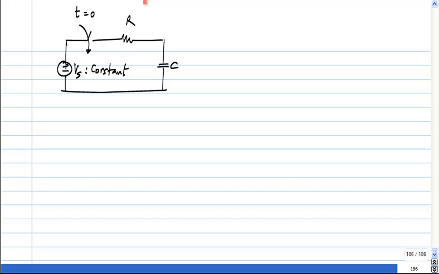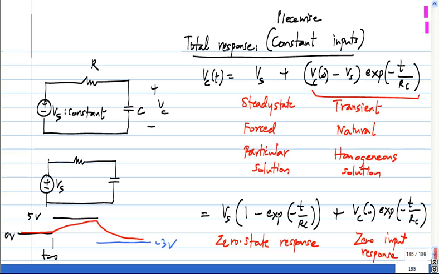Before t equal to 0, whatever voltage is on the capacitor stays as it is, because no current can flow through the capacitor. That's an open loop. And when t equals 0, this switch is turned on, and you get this Vs, R and C in series, exactly the same circuit as we had before, and the solution will also be the same.